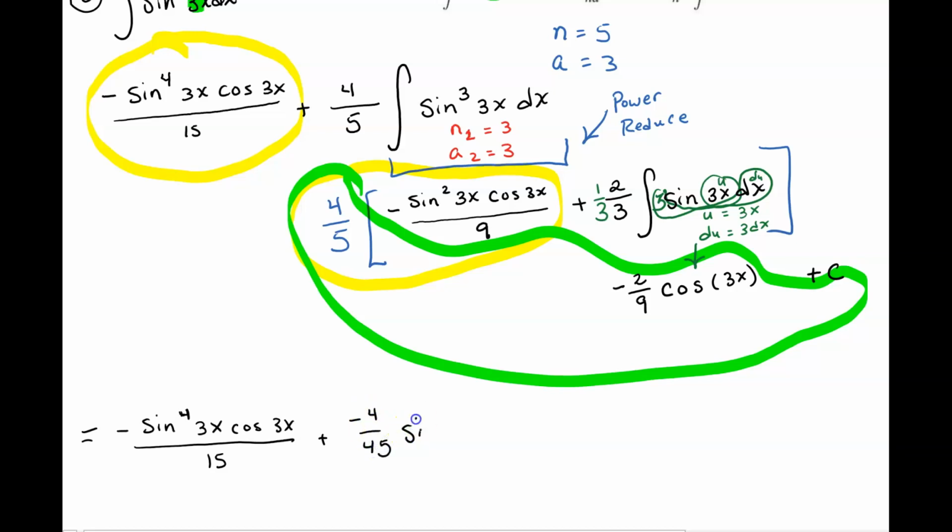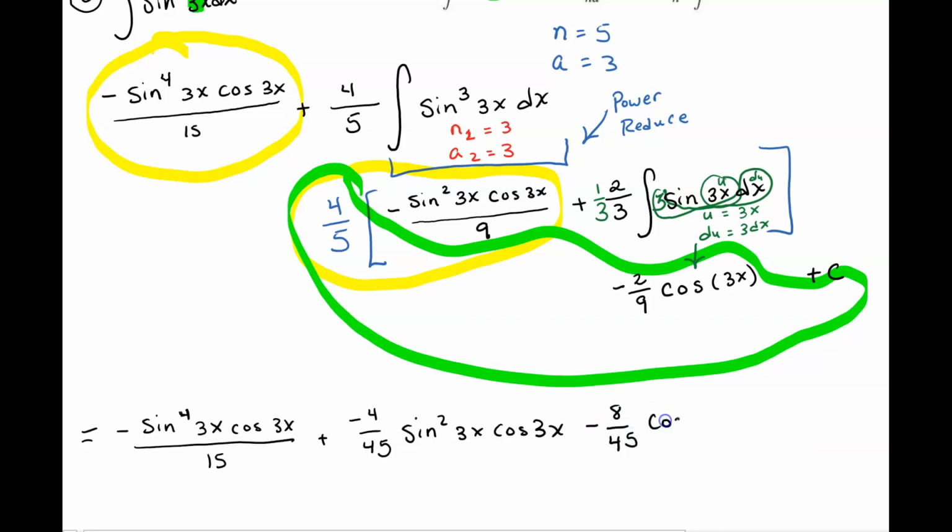Then I have sine squared 3x, cosine 3x. And then the negative 2/9 multiplied by the 4/5 is going to be a negative 8/45, so minus 8 out of 45.